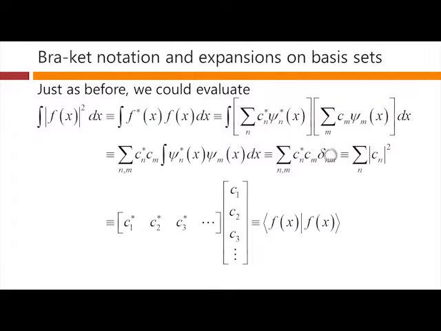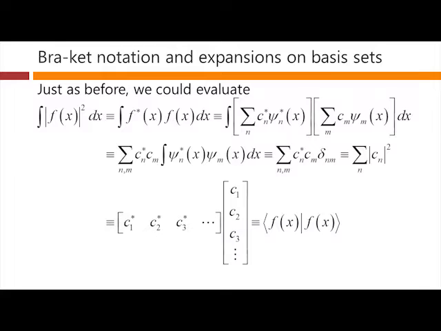So finally then, when we have the Kronecker delta in here, that means that this summation just turns into the summation of all of the modulus squared of the expansion coefficients. And of course, that's just the product of these two vectors, just as before. Now, we learned already that this integral here was just the sum of the squares of the expansion coefficients. We already knew that, and it didn't matter which way we worked this out. We get the same answer for this integral here, and the same is true here.